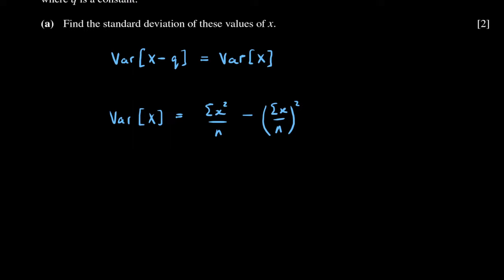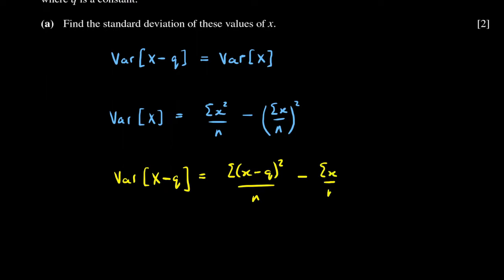Well, the variance of x minus q is going to be equal to sigma x minus q all squared upon n minus sigma x minus q upon n, all squared. Okay, so in other words, instead of finding the variance of x, finding the variance of x minus q just means we replace the x in our formula with x minus q. Okay, so that's what we've done there and there.